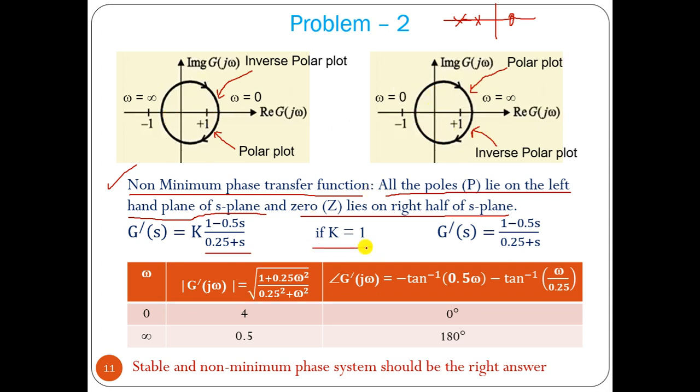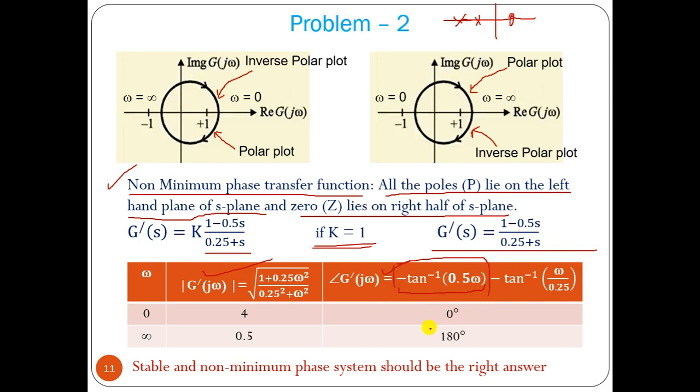So if k equal to 1, if we put, this is the transfer function, we can find out its magnitude and angle. Okay, so this is your 1 minus 0.5 j omega. So this is in fourth coordinate. So minus tan inverse 0.5 omega. That part you have to take care.